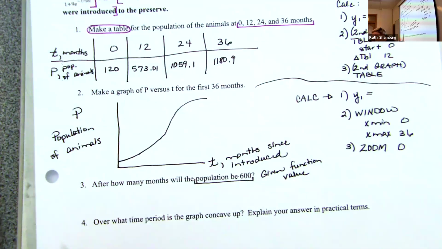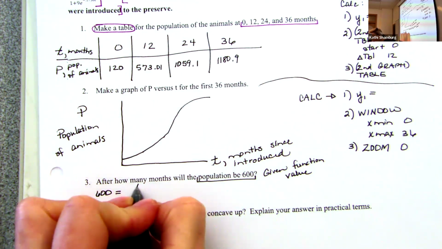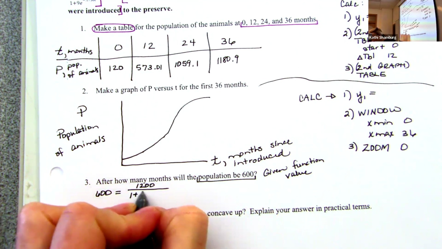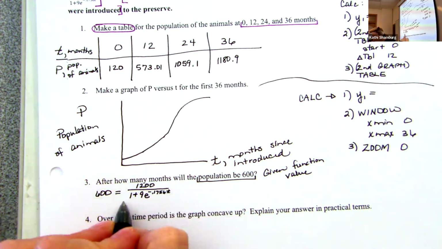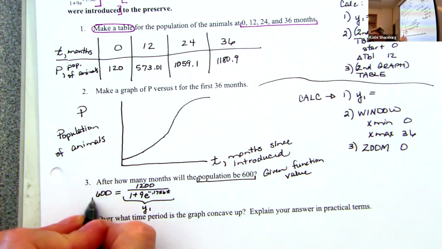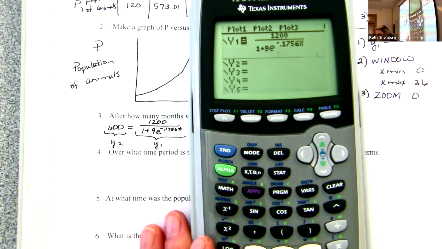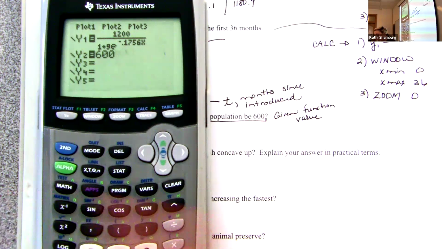So in place of the p, we'll put 600, and that's equal to the equation 1200 over 1 plus 9e to the negative 0.1756 t. This is already in our calculator as y1. What are we going to do with 600? That becomes our y2, because ultimately when I go to y2 and I put in 600, what am I looking for? Intersection.